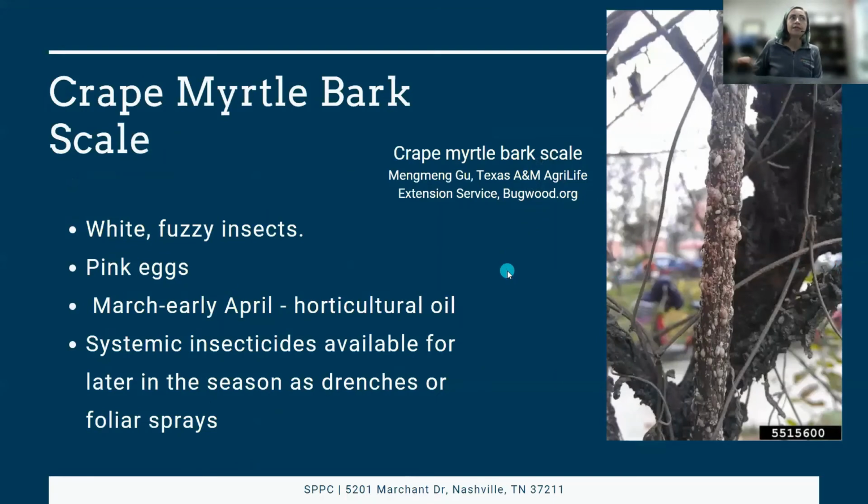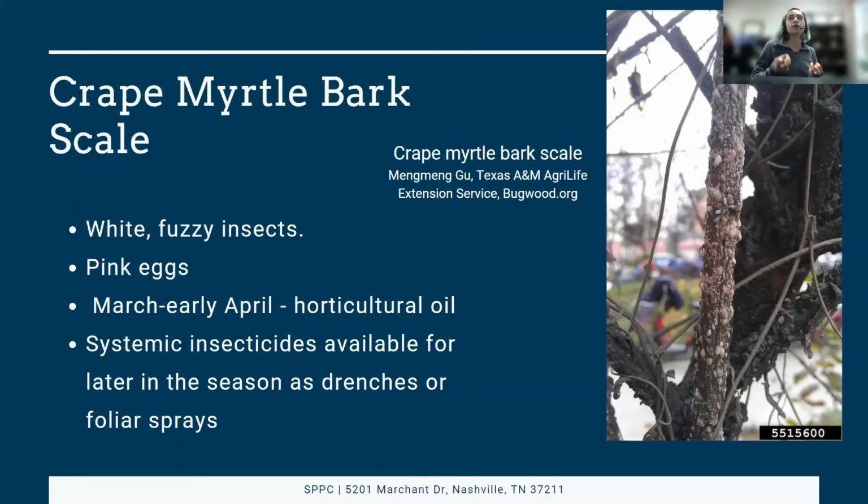Another important pest that is in our state now is the crepe myrtle bark scale. These scales can completely coat our crepe myrtles, and similar to aphids, they have piercing sucking mouth parts. So they just hunker down once they become adults and suck all the plant sugars out as quickly as they can.